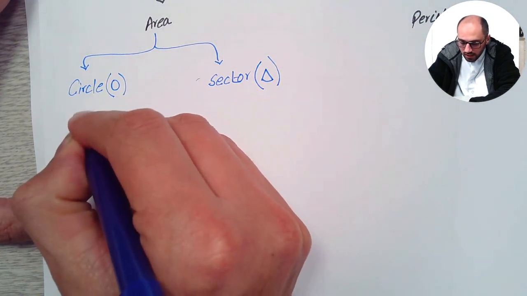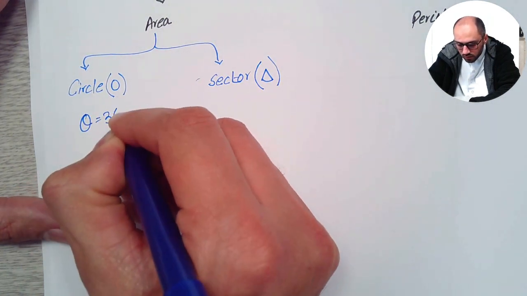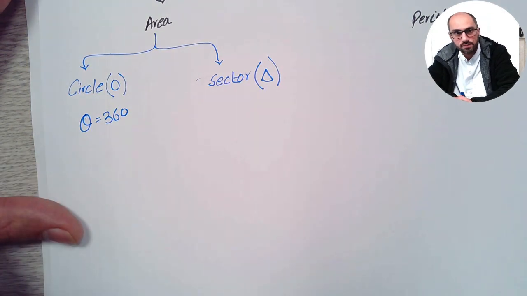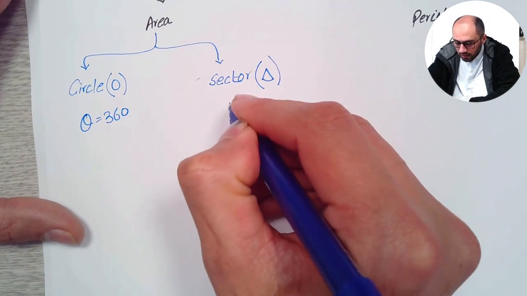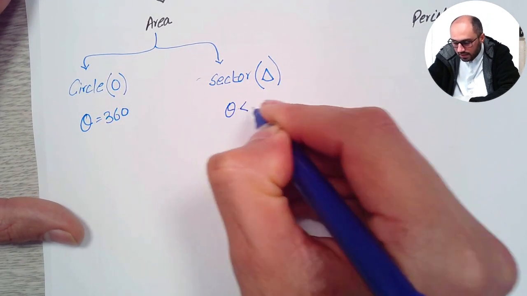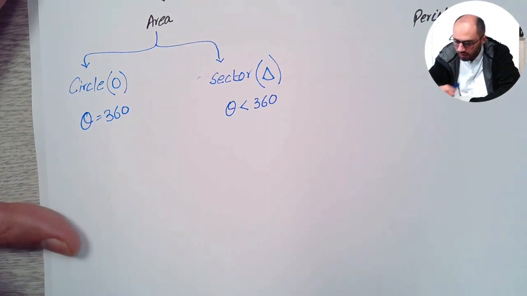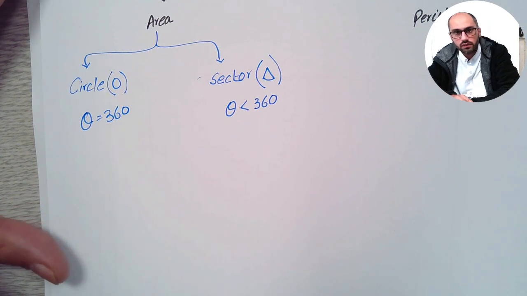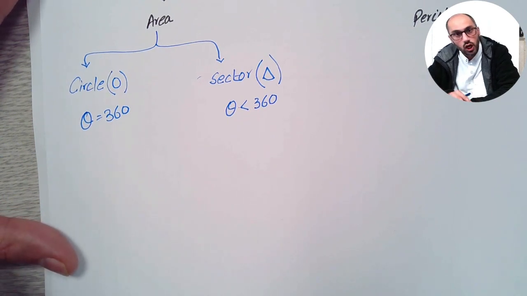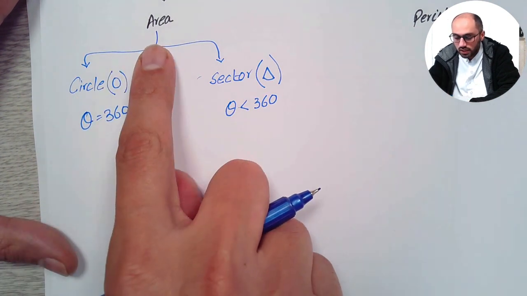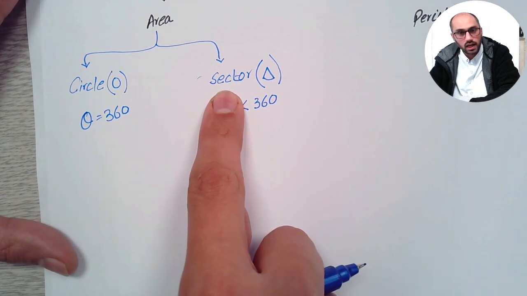So I can say the value of angle in this case will be 360. While in the case of a sector, the value of angle will be less than 360. Once I've identified these two pieces of information, now I can write down a general formula that will allow me to calculate the area of a circle as well as a sector.